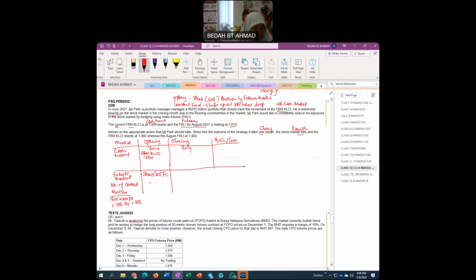Okay, so now we can calculate the value of the futures contract at the opening. So we take back the index point that we locked, FKLI August.